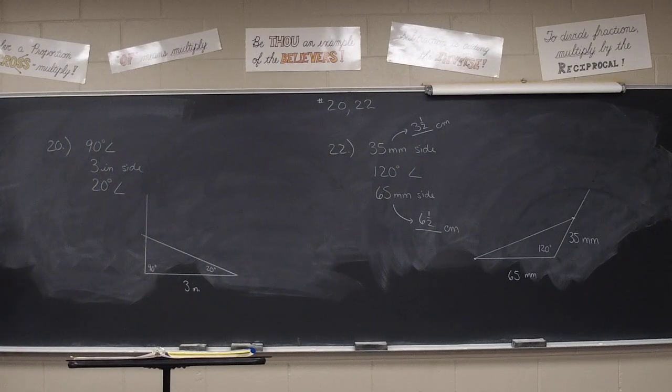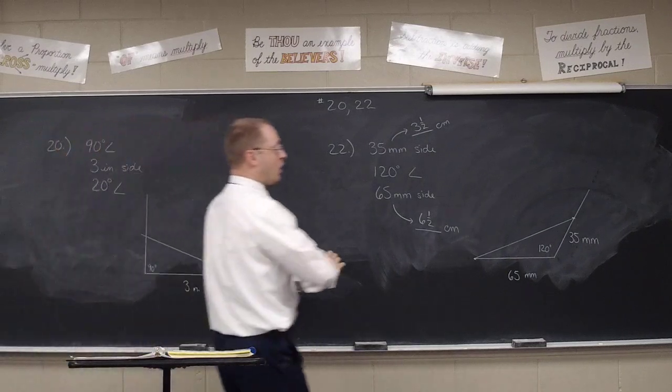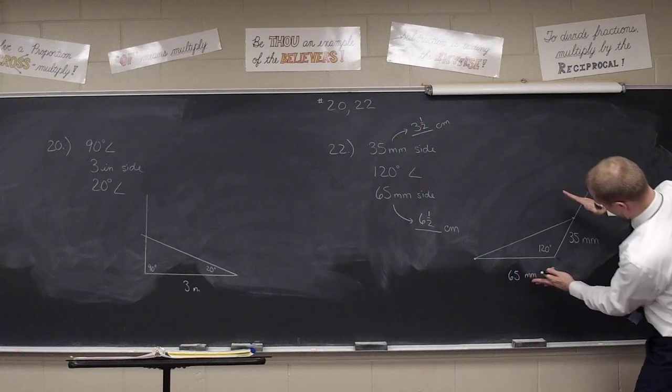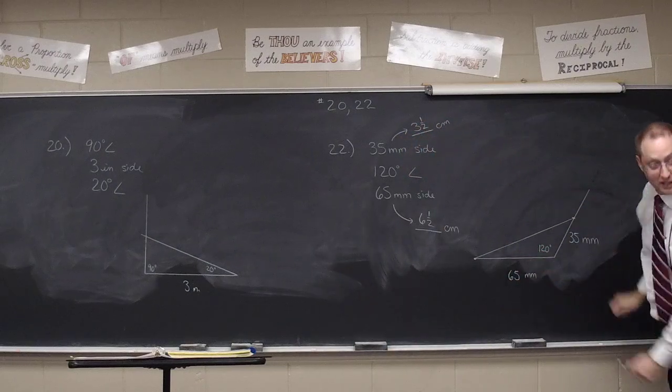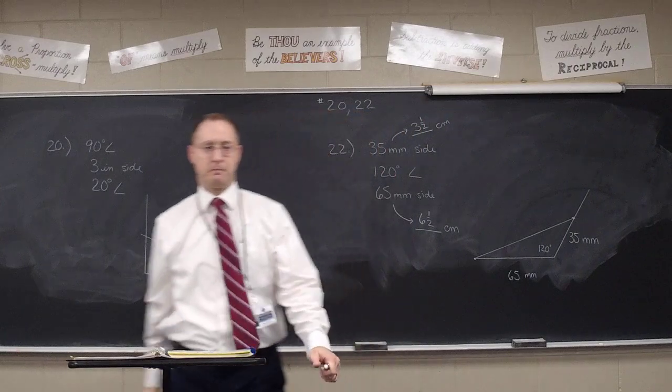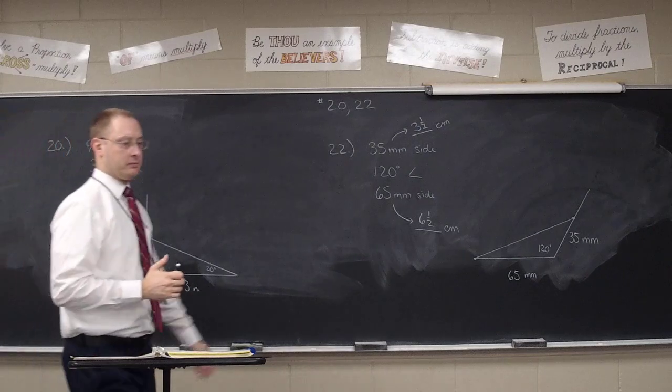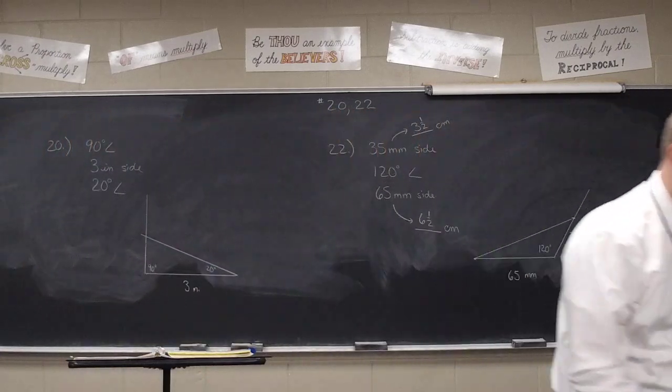Yes, sir? What if we did it like the complete opposite way? I did 35. And did you perhaps have it if you flipped it like that? Yeah. And if you look at it like this, this is what you had? Yeah, that's fine. Good question. Yes, ma'am. Mine seems longer than yours, proportionally. So let's see.